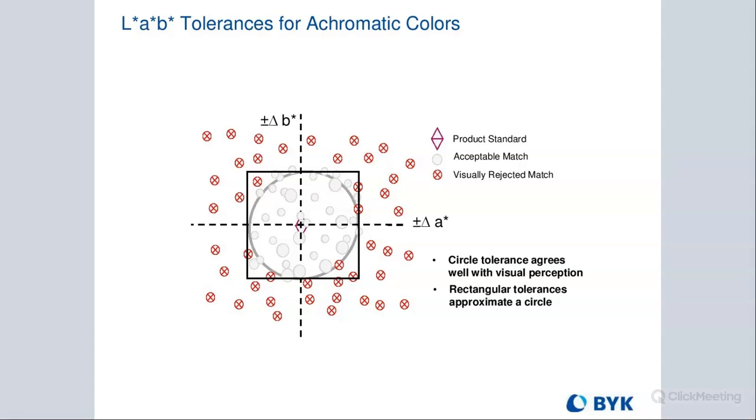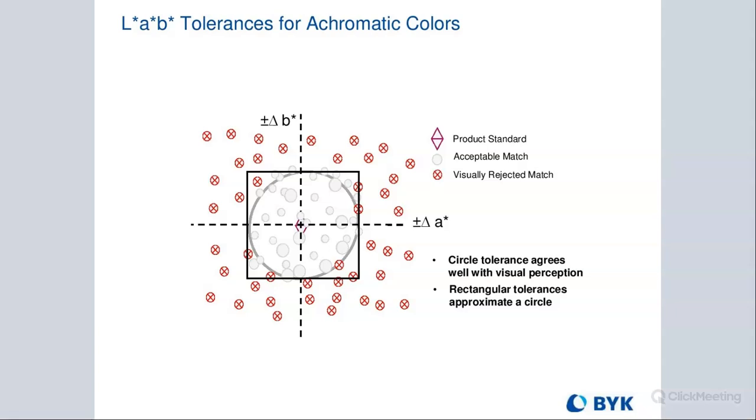So what we can do is lower our tolerance to make a tighter spec. But when you do that, then you're excluding all of the acceptable matches that you found. So this shows that the delta E star equation is not always the best to use, depending on where you are in color space.